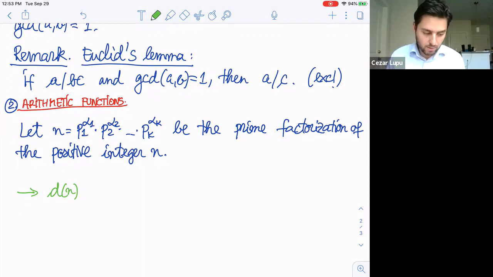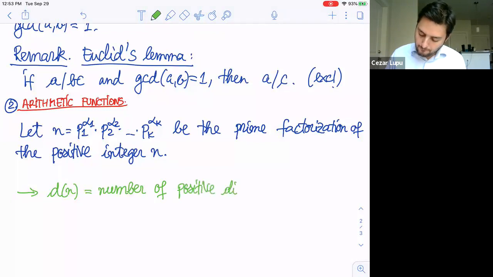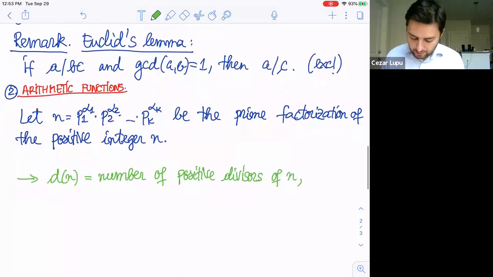Anyway, I'm not going to go into details about this. This is the number of positive divisors of n.